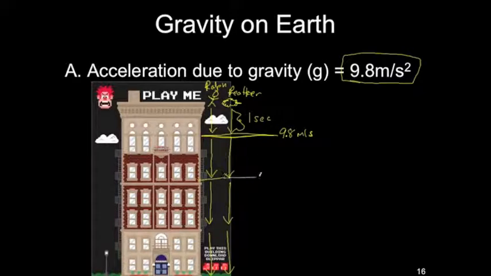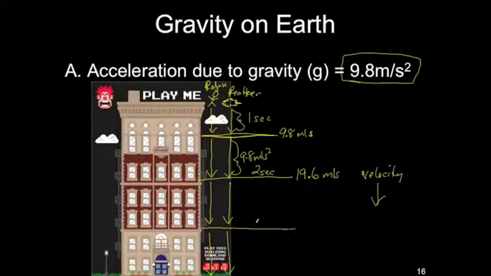One second later, at second number 2, at 2 seconds, they will be falling at 19.6 meters per second. That is their velocity. Remember, that is their velocity falling towards the ground. They are accelerating each second at a rate of 9.8 meters per second. So every second their velocity increases 9.8 meters per second.